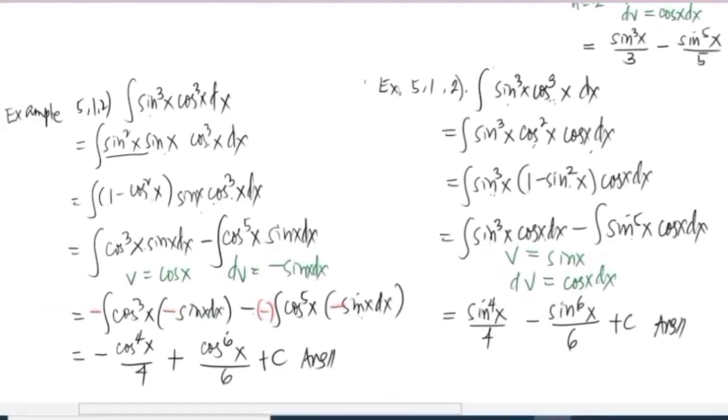Now comparing with the previous answer, whether ito yung sagot natin o ito yung sagot natin, parehong tama yun.